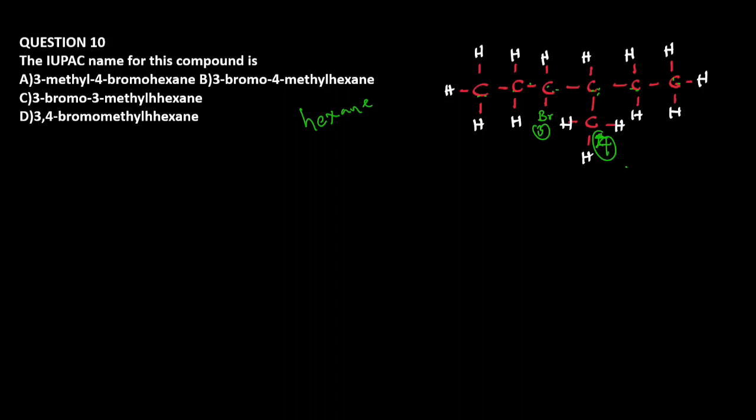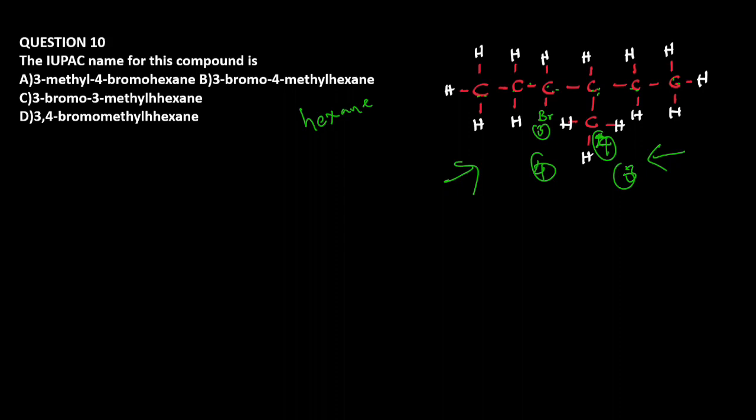So which one should we give? Look at this. This is 3. If I start from this side, this is 4, and if I start from the other side, this is 3. Should we start from the left or from the right? I need you to think critically now. Remember, I told you that another thing that contributes to naming is alphabetical order.